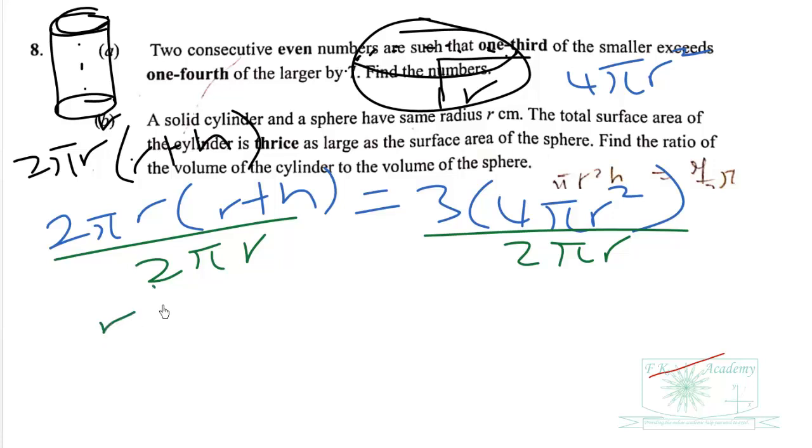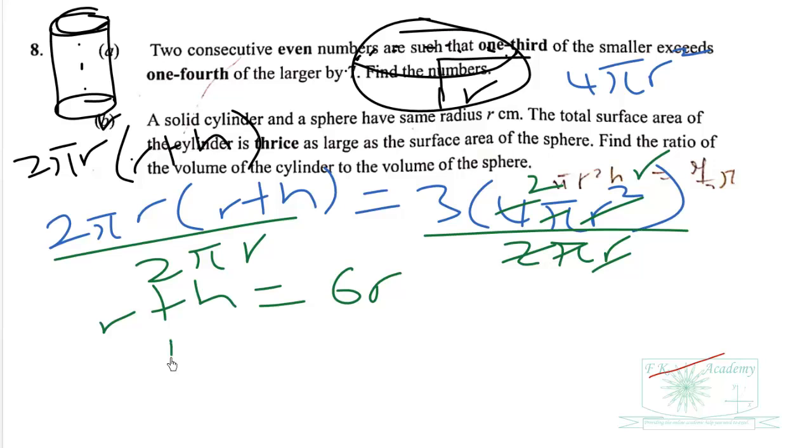I get r plus h is equal to 3 times 4 pi r squared over 2 pi r. 2 goes into 4 two times, the pi will cancel out, and the r will cancel one r. So we get r plus h is equal to 3 times 2, which is 6r. So h will be equal to 6r minus r, which is 5r.